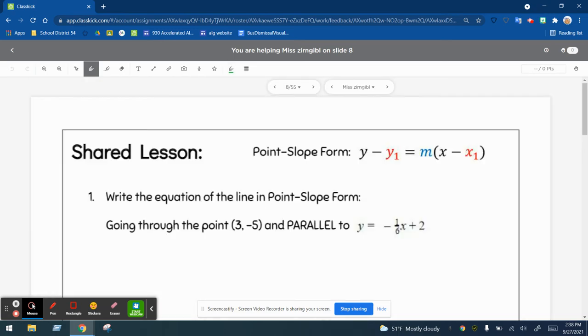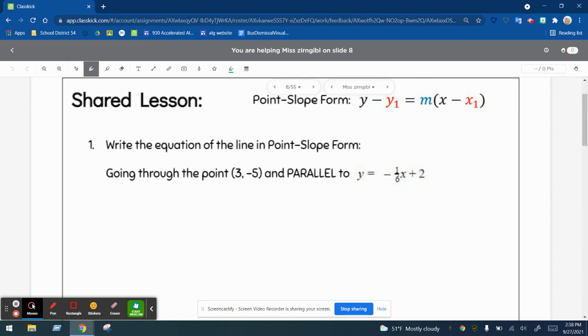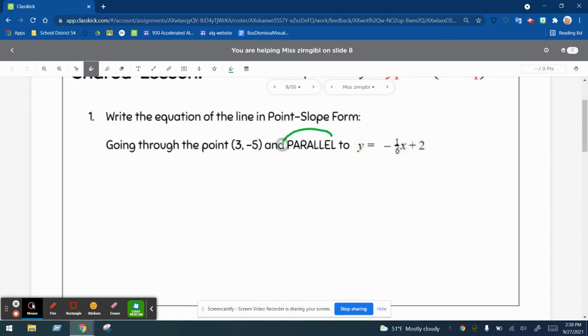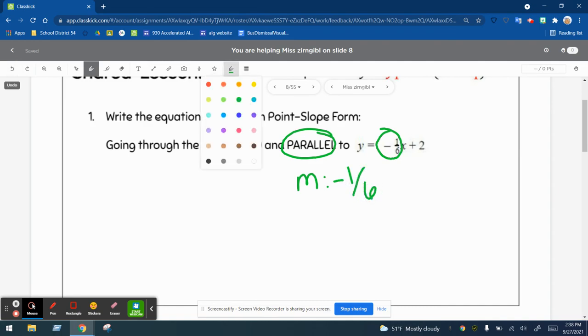So let's write an equation with a parallel slope. So what I'm going to do is circle that this is supposed to be parallel, and I'm going to find out what the original slope was, because I know that parallel means that they're going to stay the same. So if the original slope was negative 1/6, the slope is going to stay negative 1 over 6. And then I have my point, 3, negative 5. So I have x1, y1, and we're going to put that into the equation.